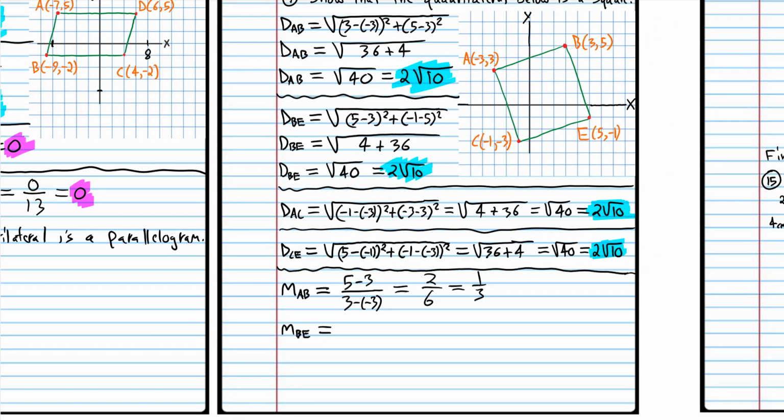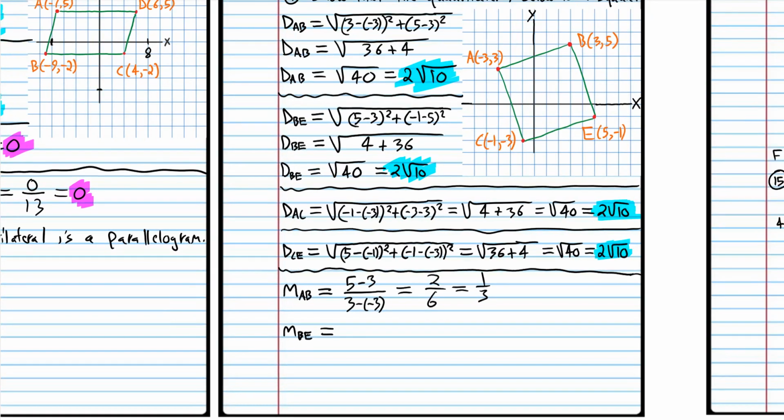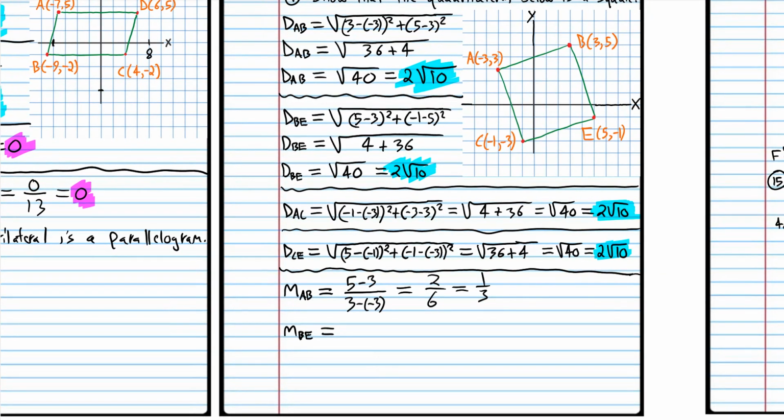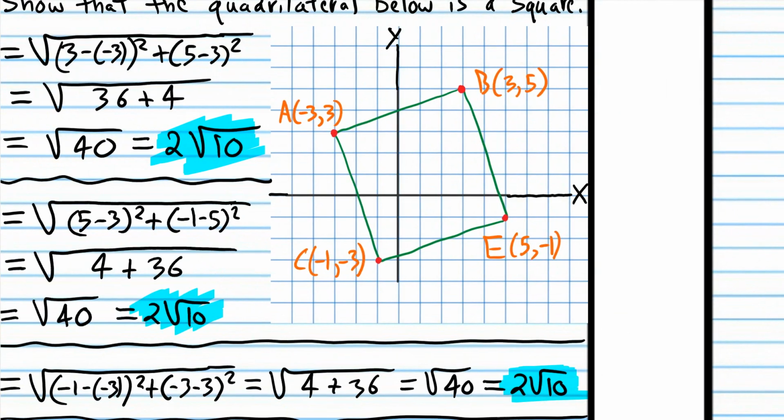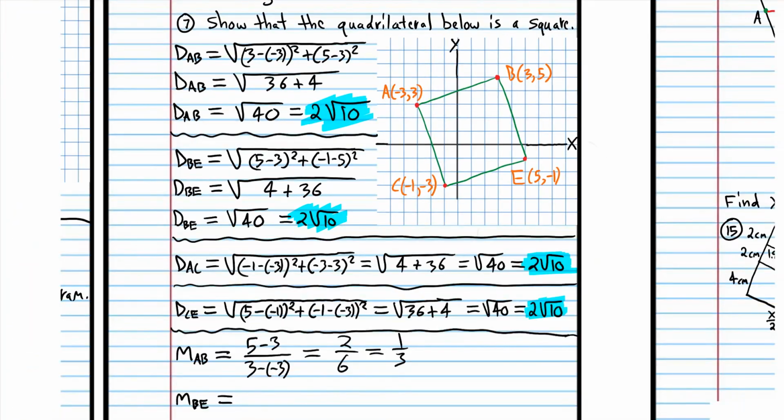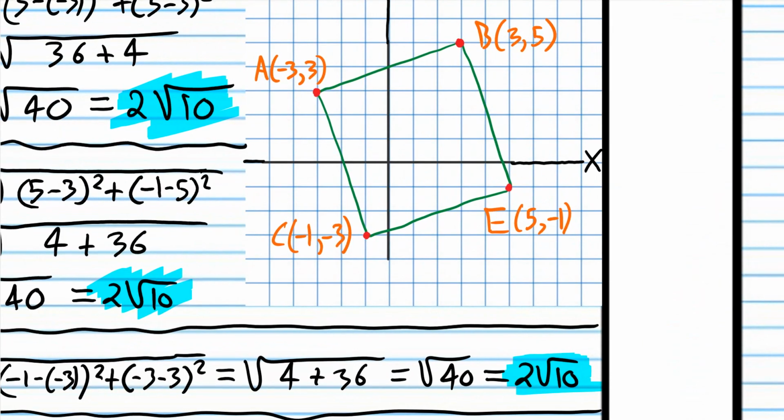All right, the slope of BE should be the negative reciprocal, because that's a side that's right next to it. So we want these sides to have slopes that are negative reciprocals, because that proves that this angle is 90. So BE, we found AB. AB was 1/3. We want this to be negative 3, because that's the opposite reciprocal.